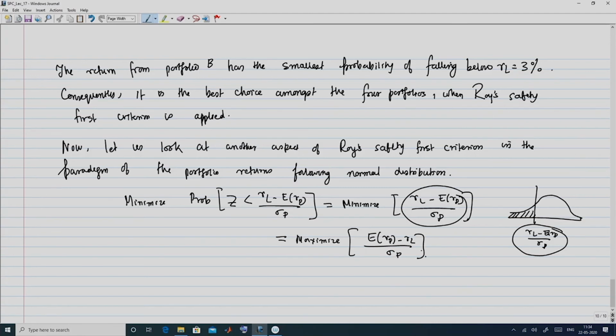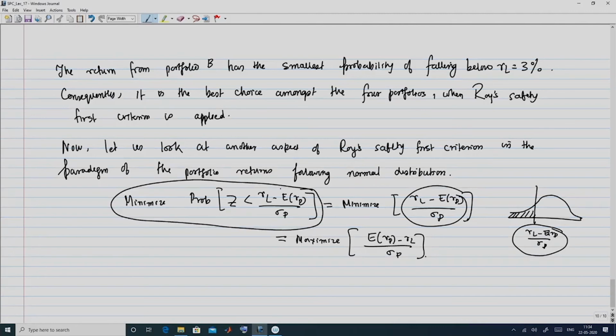So, Roy's Safety First criterion, in case of the returns of the portfolio being normally distributed, reduces to minimization of the probability here, which is then equivalent to maximization of the excess return over your safety threshold divided by sigma p.